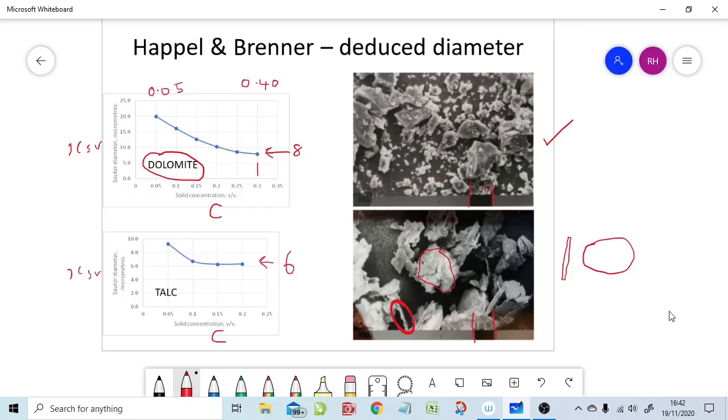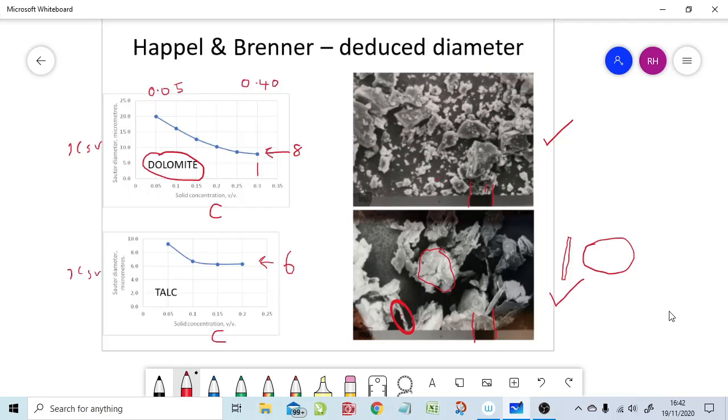Dispersing talc is a very difficult thing to do at the best of times, and certainly dry it does stick together. And don't forget that that is a thickness of something in the order of 1 micron. So we've got a 1 micron thick, albeit maybe a 10-ish micron diameter. So 6 microns is not a bad representation there of what we expect for the particle size.